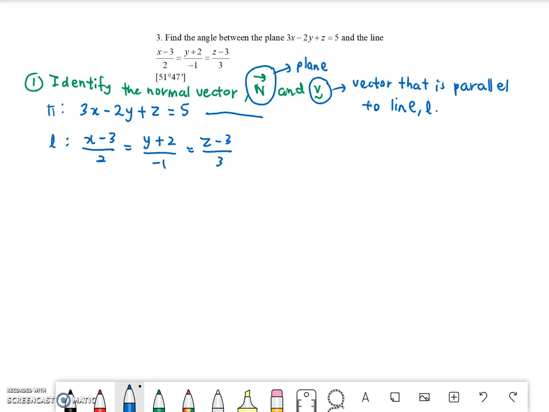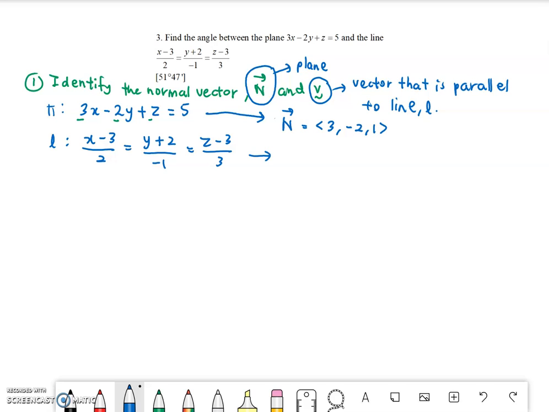This will be our n, where we take from the equation of the plane, where these constants are the normal vector. So we just write this as 3, negative 2 and 1.